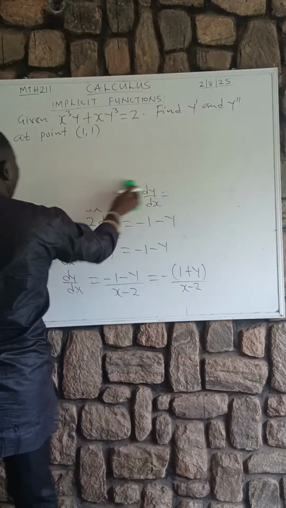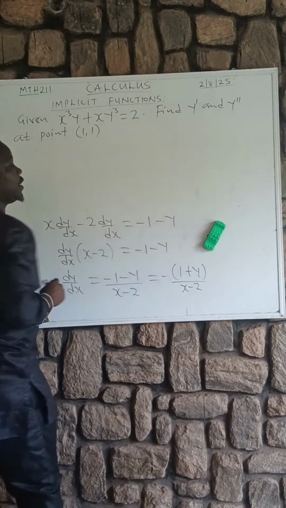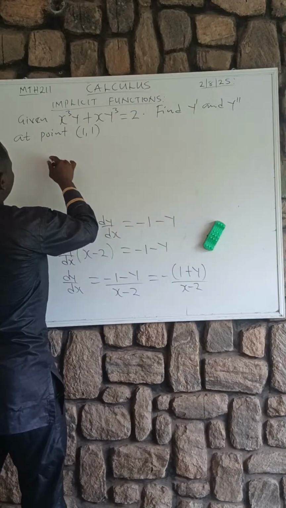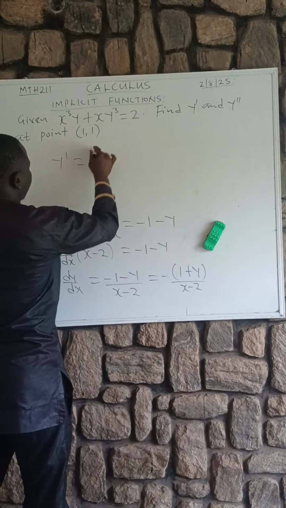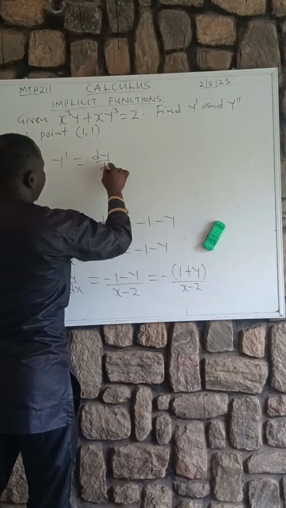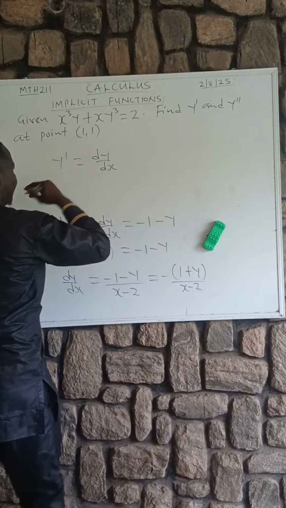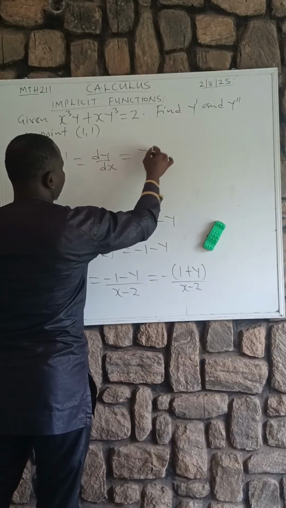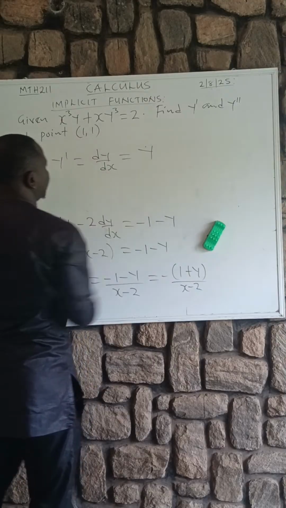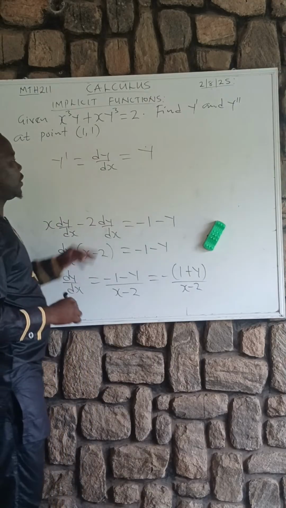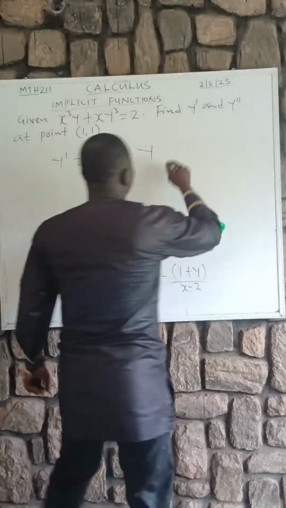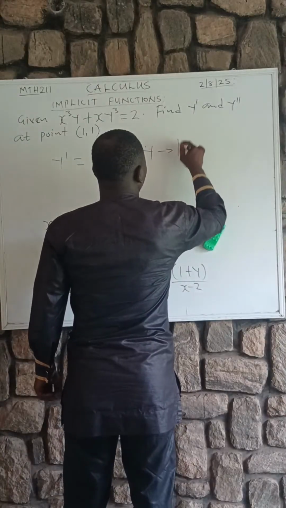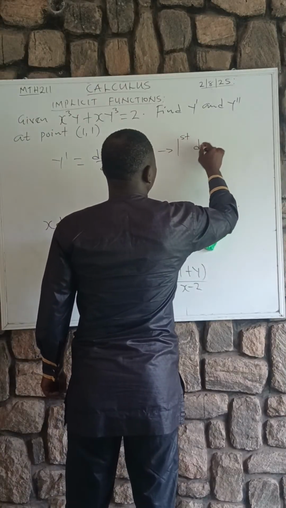Okay. Now, when we say y prime, it is also the same thing as dy/dx, and in physics they use y dot. This is known as the first derivative.